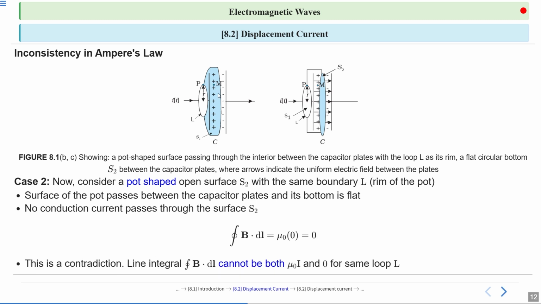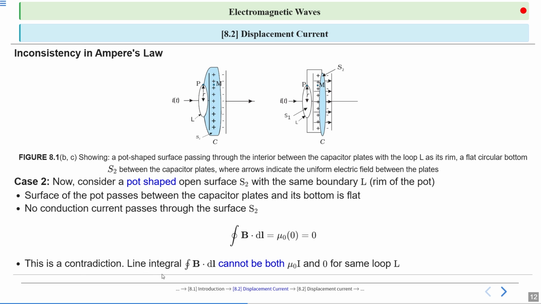Now this contradicts the previous result. According to the previous result, the loop is the same, but the area enclosed was flat and the current was passing through it, and the closed integral B dot dl was mu naught I. But in this case we have changed the surface enclosed by this loop. The loop is the same, but now no current is passing through that pot surface, the bottom surface of the pot. That means the closed integral B dot dl is equal to 0.